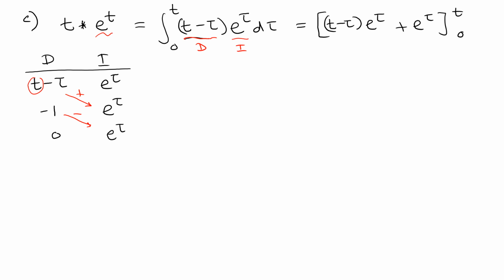and then you can see when you plug in t, this term gets cancelled out. So you get e to the t only from the second term.